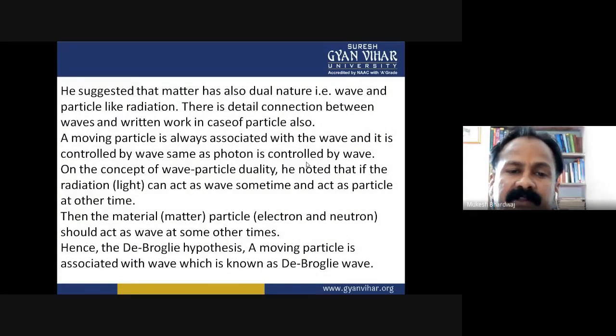A moving particle is always associated with a wave and it is controlled by the wave, the same as a photon is controlled by a wave. He noted that if radiation light can act as a wave sometimes and as a particle at other times, then the material particle should act as a wave at some other times. Hence, the de Broglie hypothesis: a moving particle is associated with a wave, which is known as a de Broglie wave.